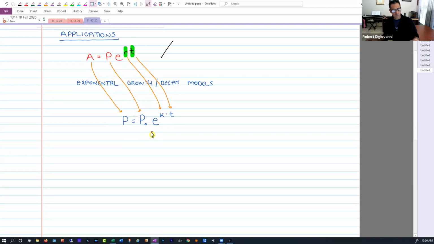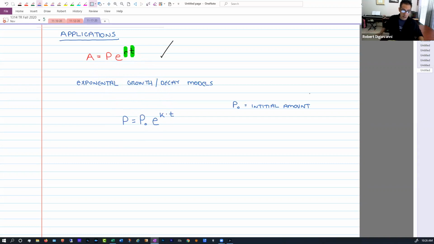Let me explain how this formula is different, because it doesn't have anything to do with money. P sub 0 is the initial amount. That's all I'm going to say. It's the initial amount, and that can be anything.